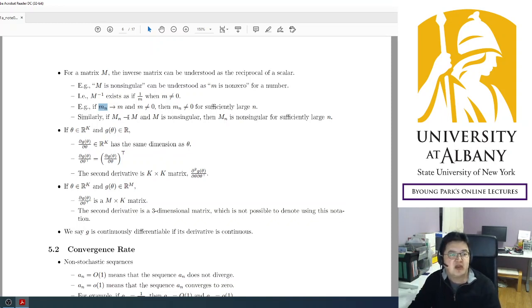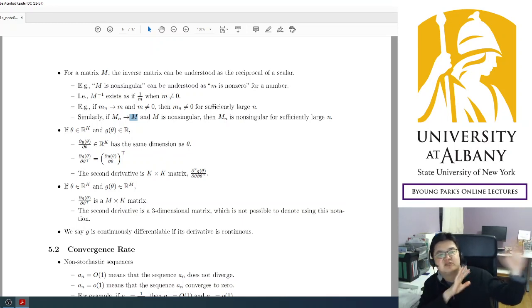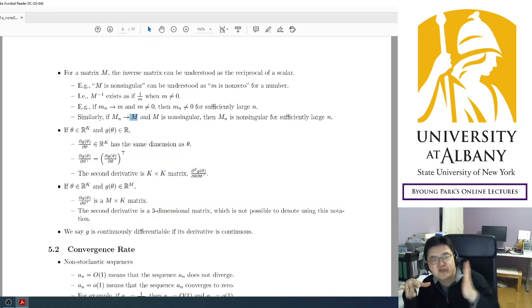Similarly, if the limit matrix is non-singular, then the sequence will become non-singular for large n. Several matrices early in the sequence could be singular, but after many iterations, when the convergence has progressed far enough, it will be non-singular. That's parallel to the scalar case.